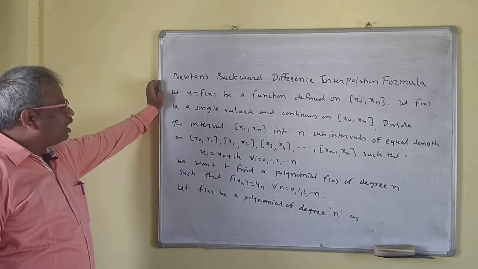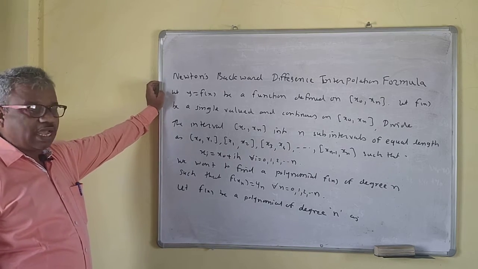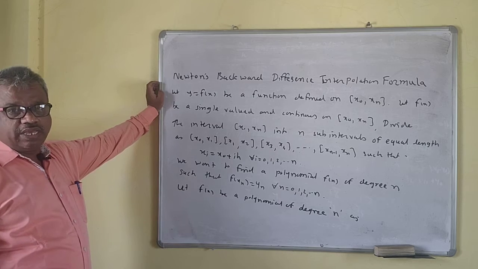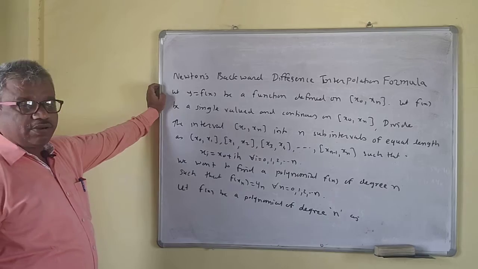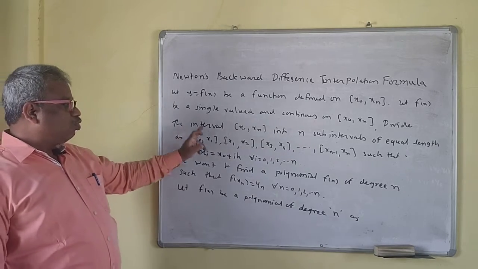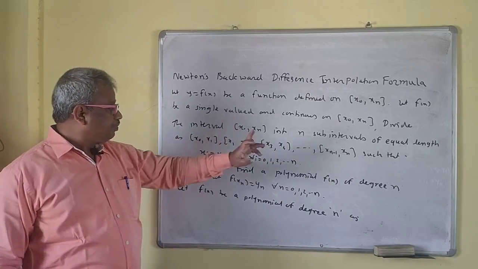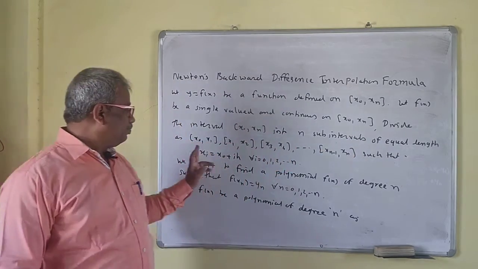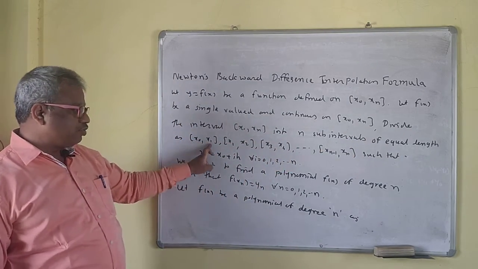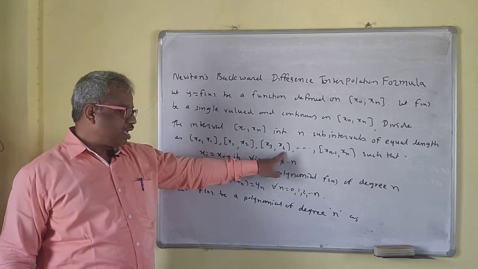Let f of x be a single valued function, continuous on the closed interval x0 to xn. We divide this interval into n sub-intervals of equal length, such as x0 x1, x1 x2, and so on.